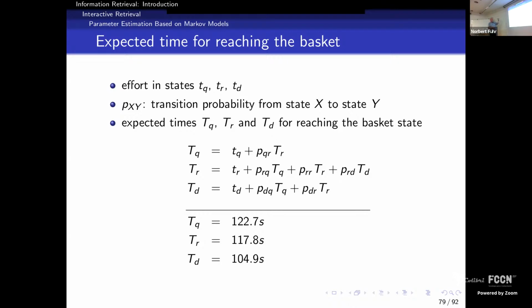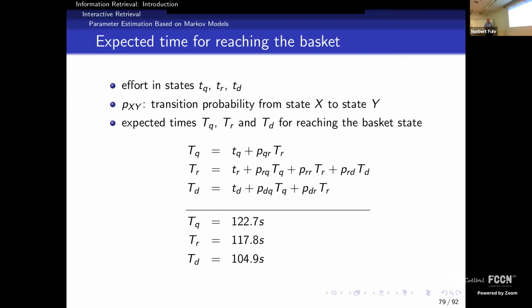Okay, we are getting further away from our goal. But this happens, or we go on to the next result item, then we have TR again, or we go to the document, then we have TD. And TD is just the time for looking at the document, plus the probability we go back to the query, then we have TQ again, or we go back to the result item, then we have TR again.